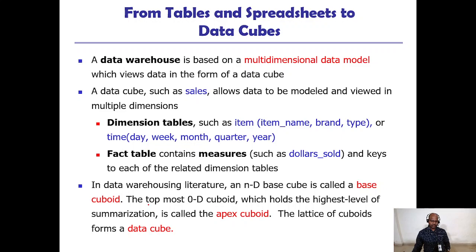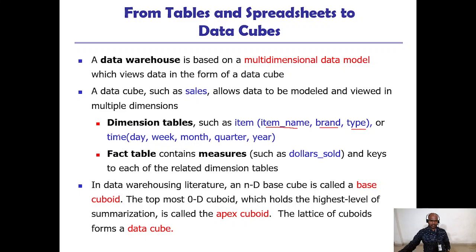A data cube, such as a sales data cube, allows the data to be modeled and viewed in multiple dimensions. The data cube contains dimension tables and fact tables. Dimension tables, such as item, may be divided like this: the item name, brand of the item, and item type.